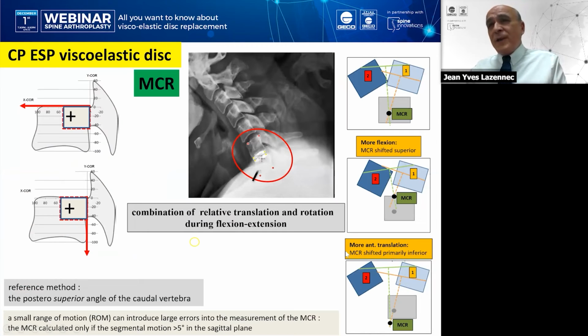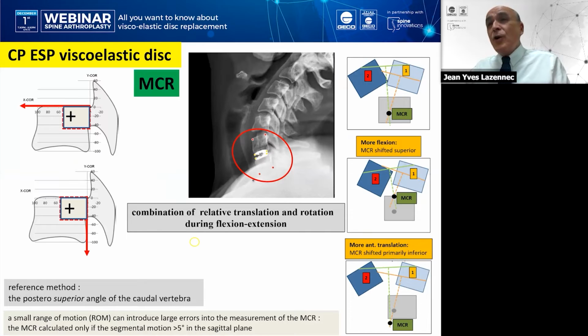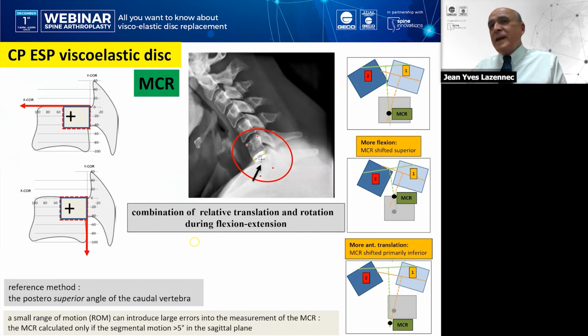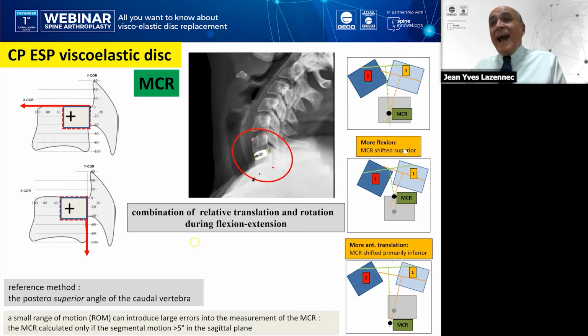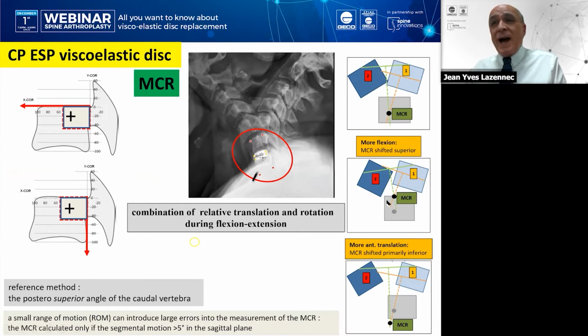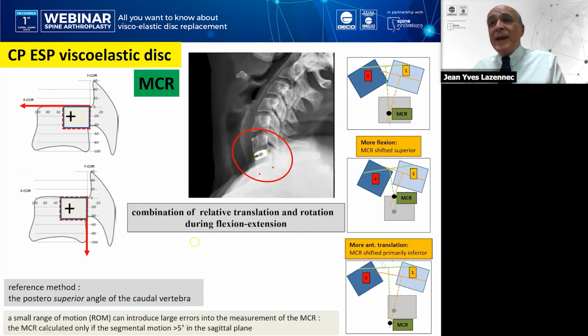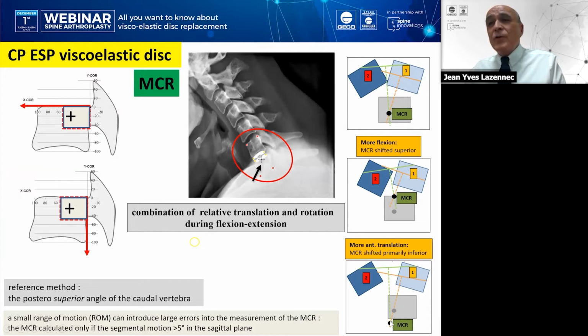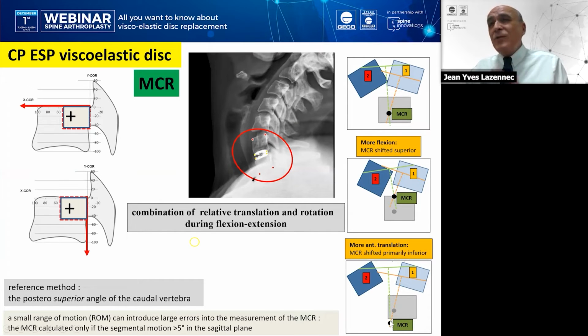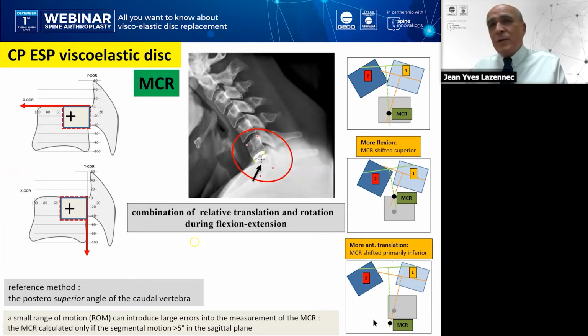Most of the time, we analyze the global view regarding the center of rotation. And we know, as it has been published, that if we have more flexion, the center of rotation is higher. And if we have more translation, the center of rotation is lower. That's the reason why we put a lot of importance on the location of the center of rotation.